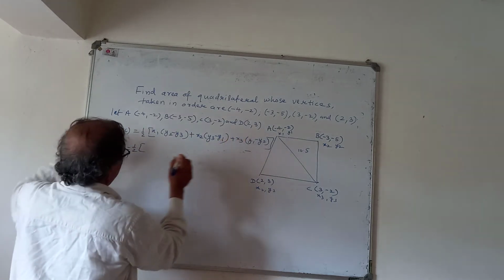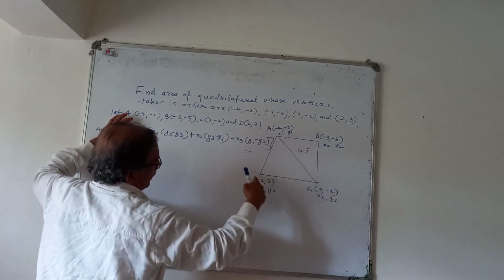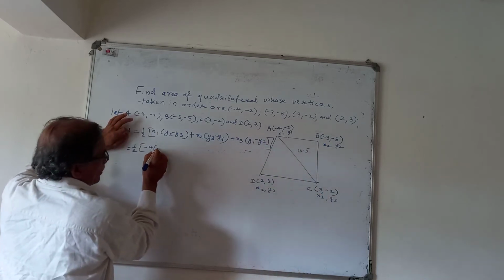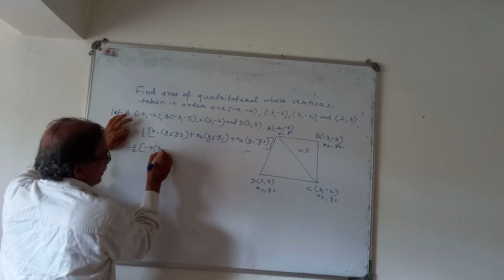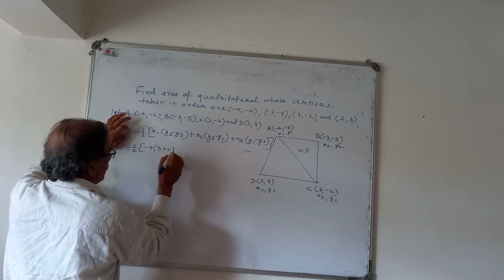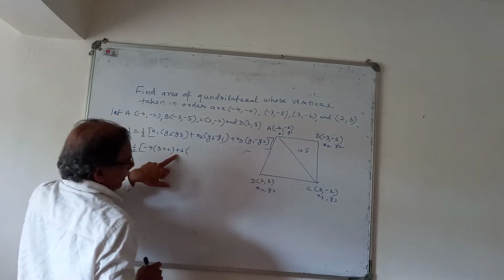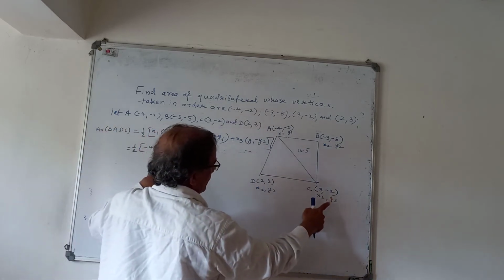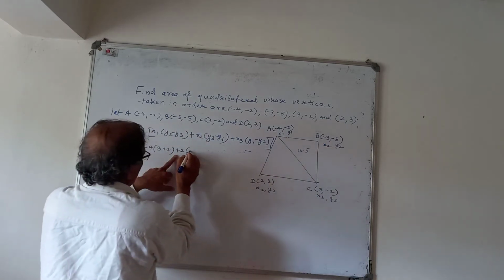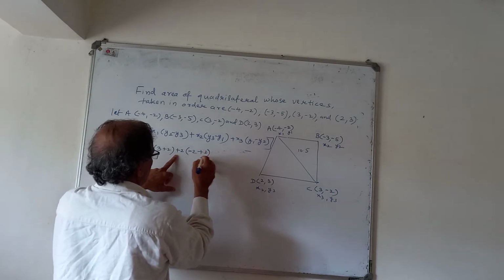Now x1 is minus 4. We are going in this way, ADC. x1 into (y2 minus y3). So y2 means 3, and y3 is minus 2, so minus minus 2 means plus 2. Plus x2, which is 2, into (y3 minus y1). y3 is minus 2, and minus y1 is minus of minus 2, so that will become plus 2.